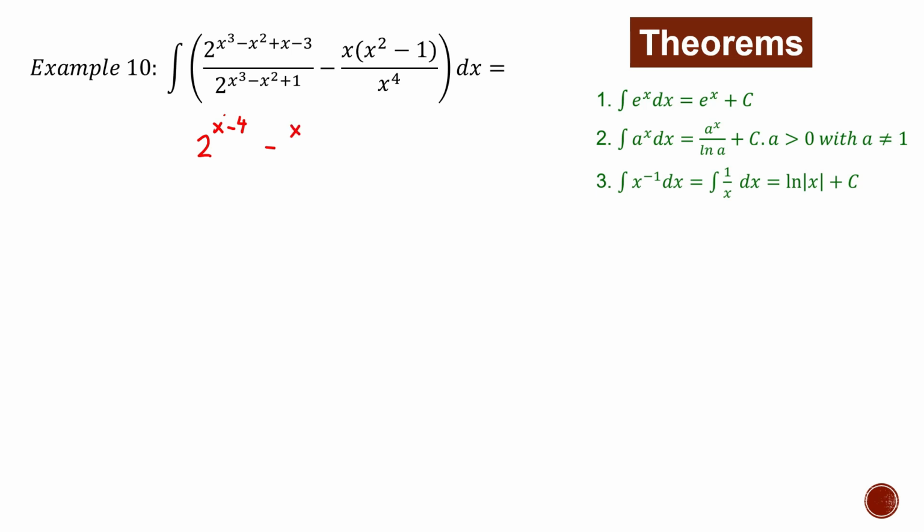So x squared, x cubed minus x all over x raised to 4.